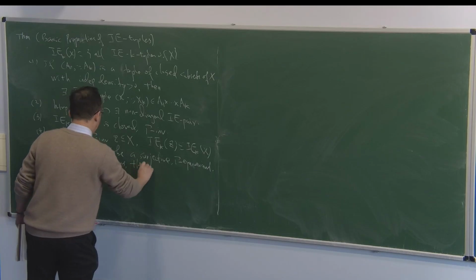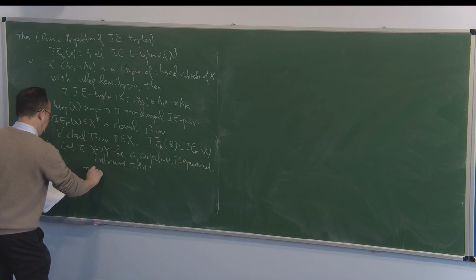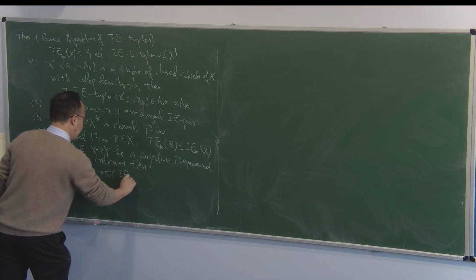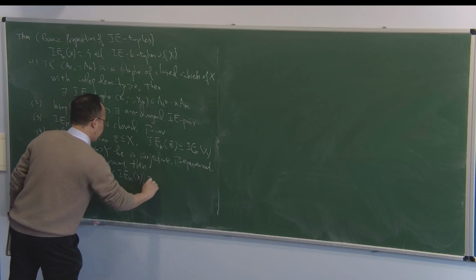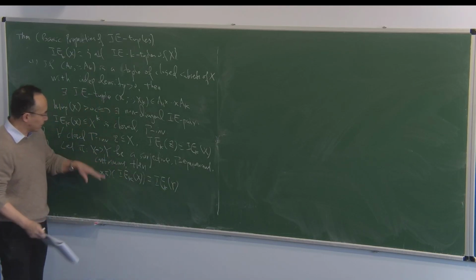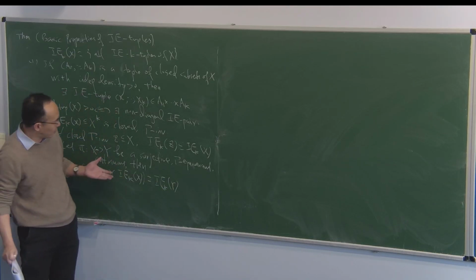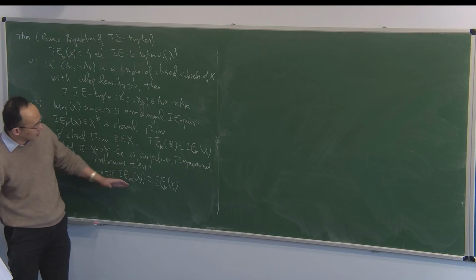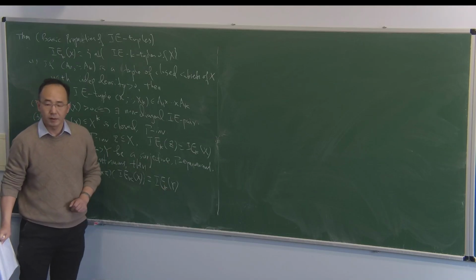Then you can look at what happens to the IE tuples. If you push the IE tuples of X down, you get exactly all the IE tuples of Y.